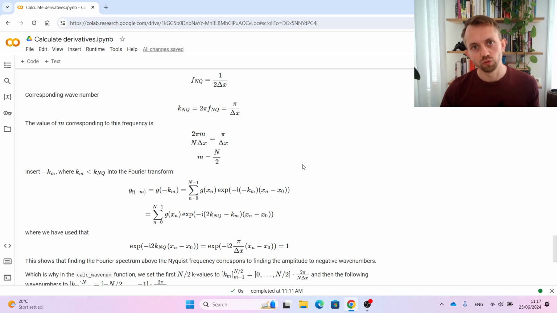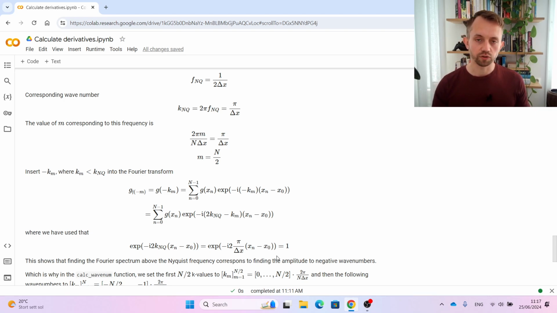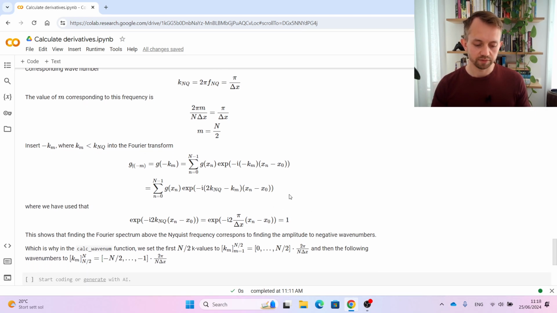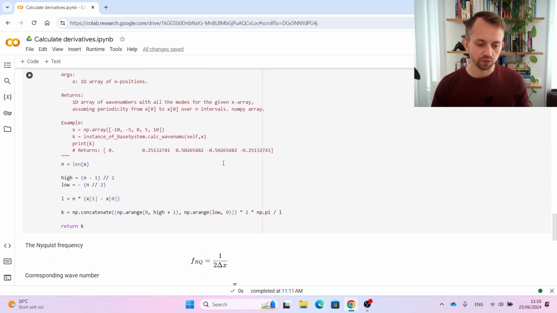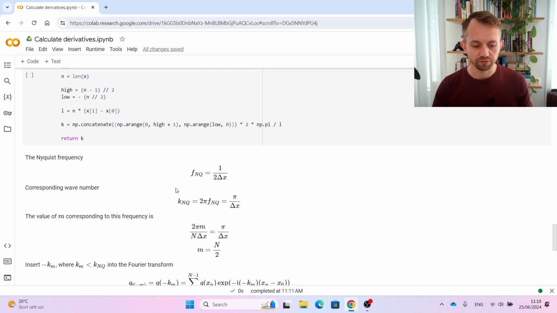So this has to do with the fact that when you are sampling a high frequency signal, you sometimes could get aliasing, and for the discrete Fourier transform, it works out that for values larger than n over 2, you can interpret those as being negative wave numbers.